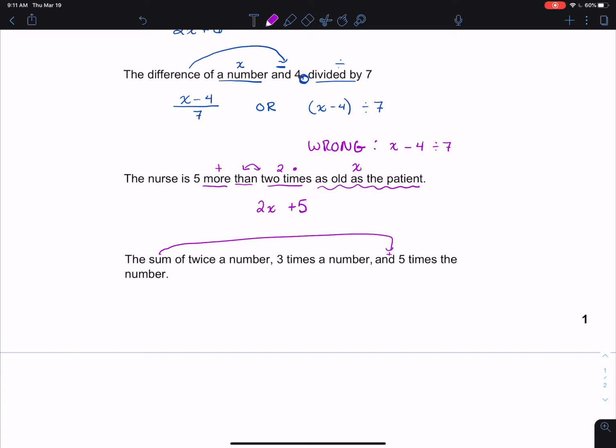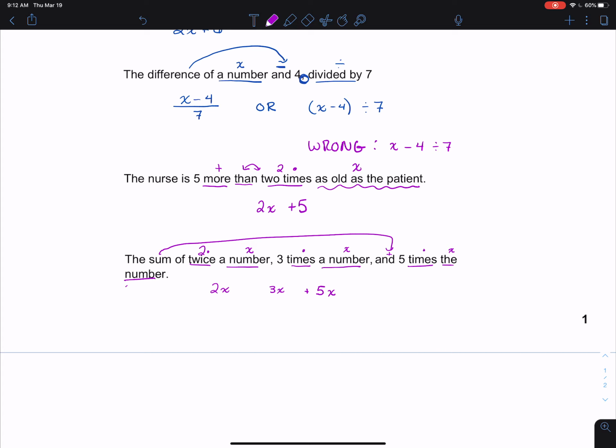Then I have twice, which I know is 2 times a number, which is the X. Then I have 3 times, which is multiplication, a number, X, and 5 times multiplication, the number, which is X. So I have 2X, 3X, plus 5X. Now there's nothing in between my 2X and 3X.